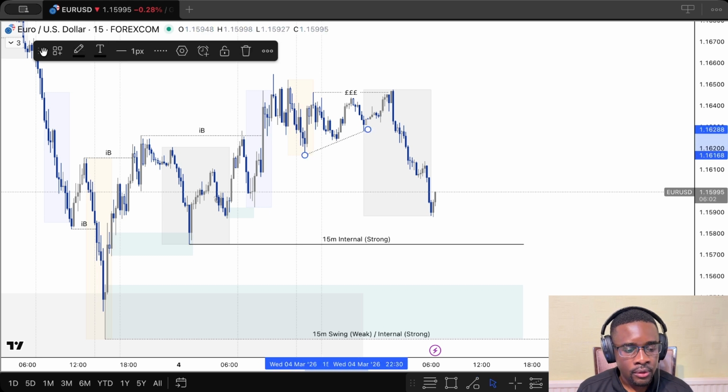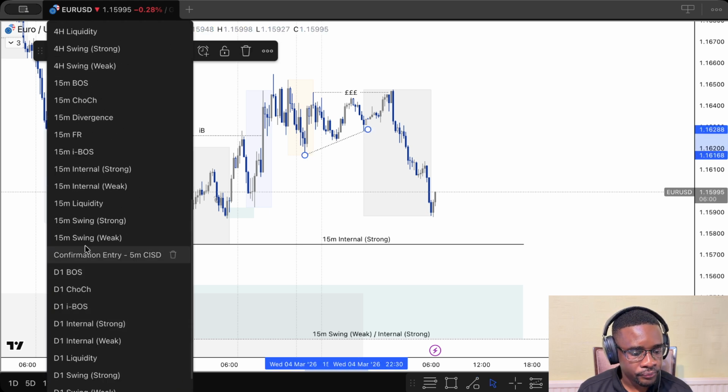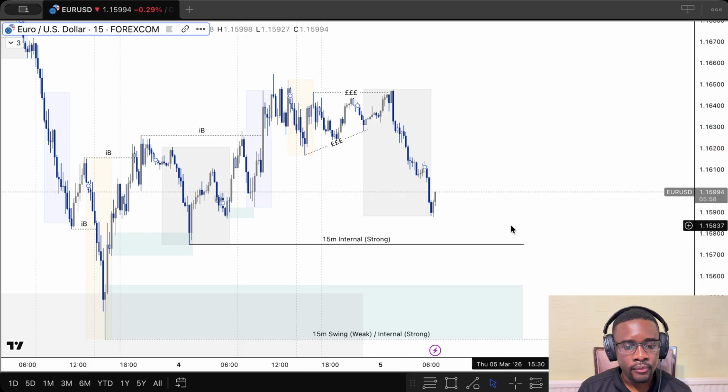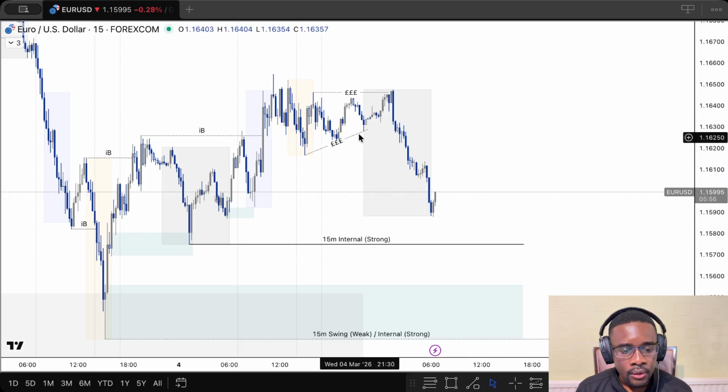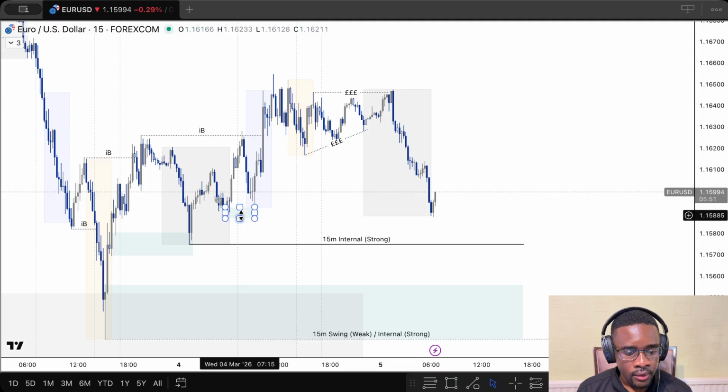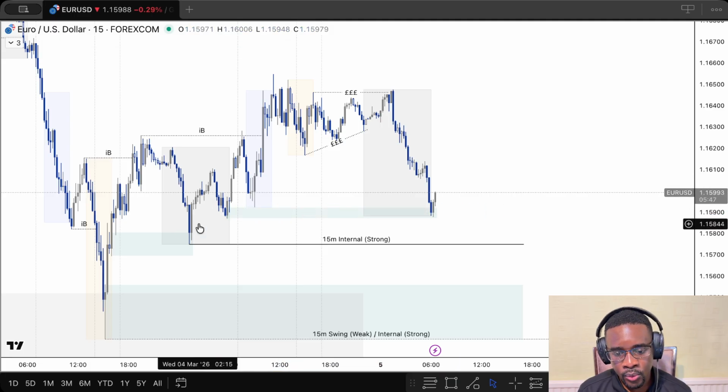And then we got our trend line here as well. So that's a sweep, and then we had a strong push down. We have this area that's still being respected at the moment.